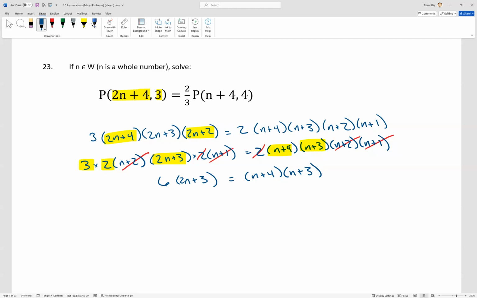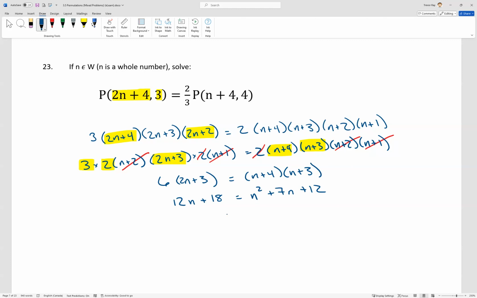I can't simplify much more yet, so what I'm going to do is expand this out. That gives me 12n plus 18. And on the other side, n squared plus 7n plus 12. If you expand it out using FOIL or whatever method you learned, you might get one extra step in there, but it's going to simplify to n squared plus 7n plus 12.